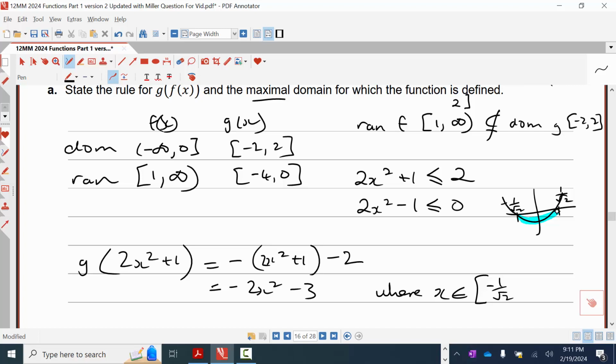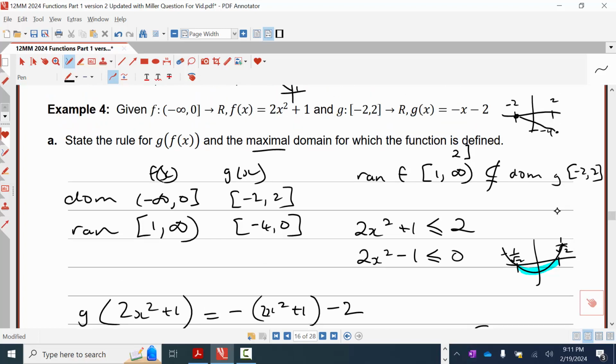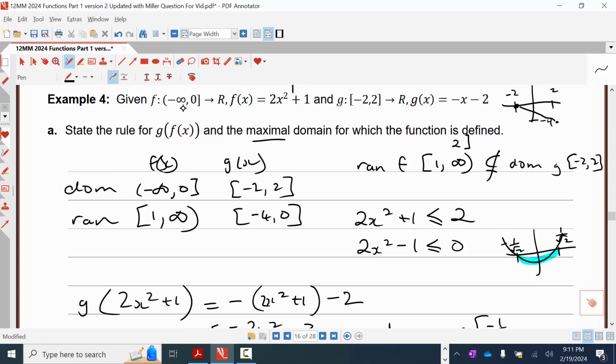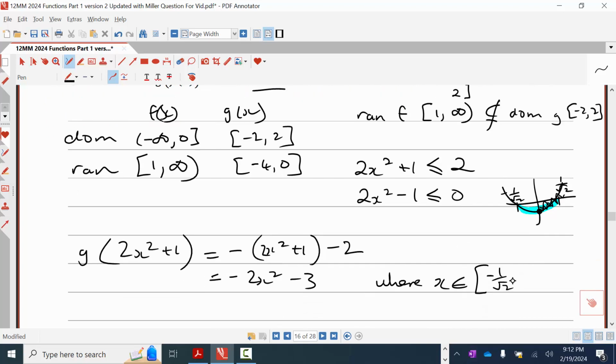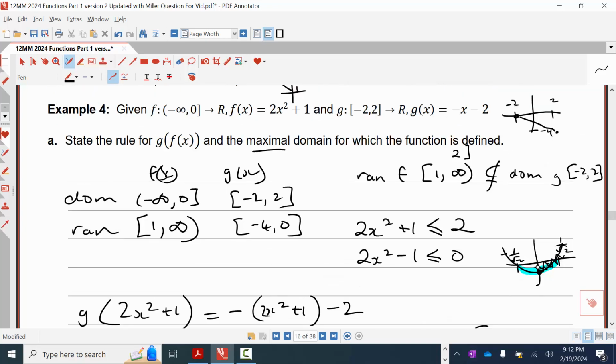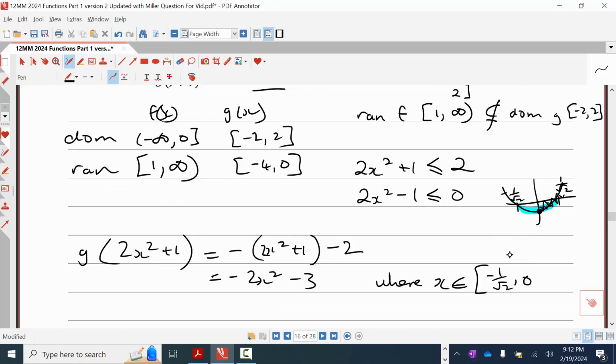Now the only problem is that if we look at the original domain of this function here, it actually is from negative infinity to 0. So actually what we need to do is terminate this graph at this point here. This part here is not relevant. So it's going to be from negative 1 on root 2 to 0. And will it accept 0 itself? Yes, it will. So that's going to be a square bracket there.